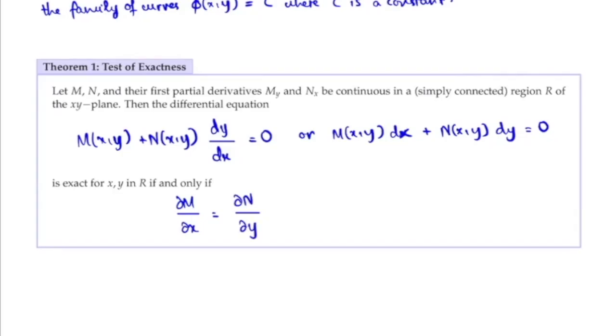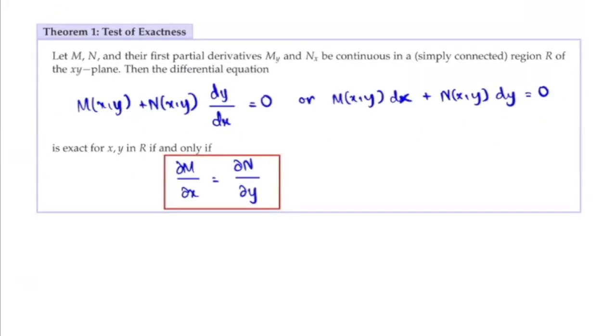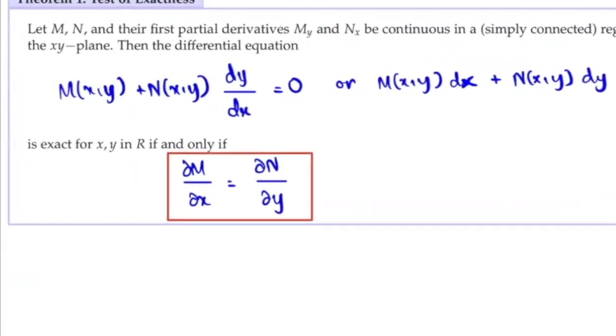All right. So these are the conditions that you need to use to check if the differential equation is in fact an exact differential equation. So you need to look at the differential equation, pick out the functions capital M of x y and capital N of x y, find the partial derivative of M with respect to x, and find the partial derivative of N with respect to y. If you get the same thing, then you can classify the differential equation as exact. Can you go back here and fix this for me, please?